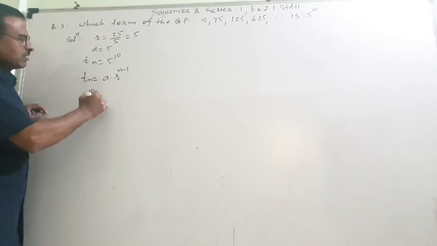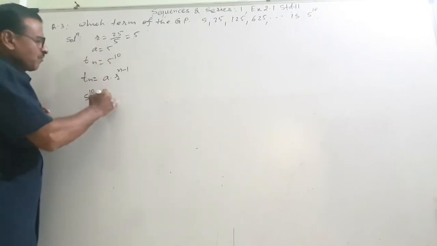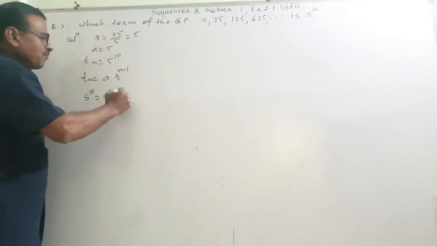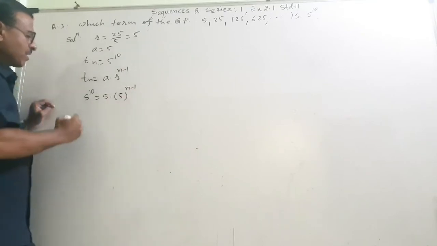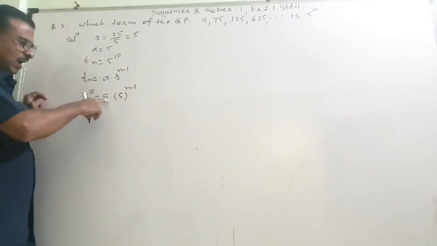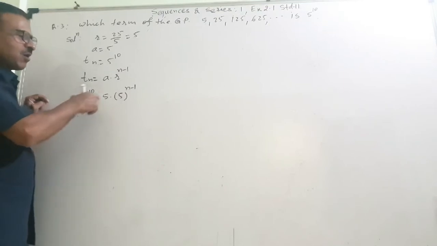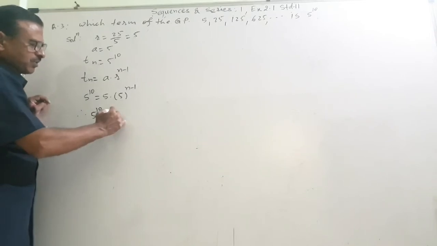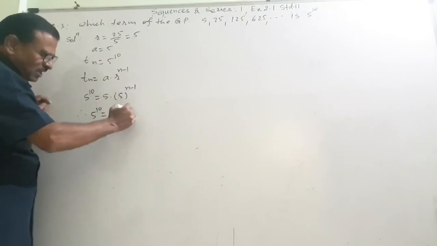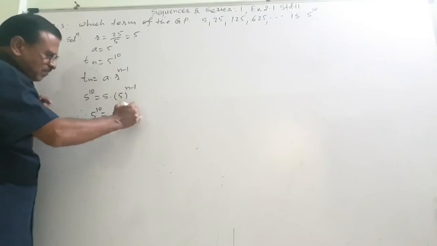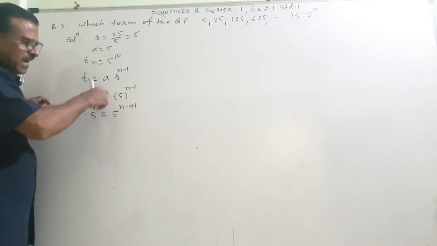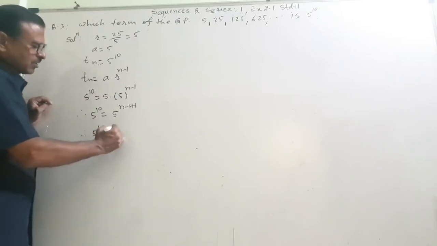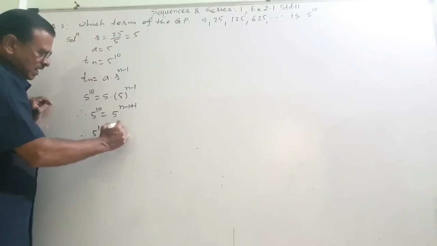So 5 raised to 10 is equal to A, which is 5, into R, which is also 5, raised to n minus 1. Multiplication means addition of the indices. Therefore 5 raised to 10 is equal to 5 raised to n.